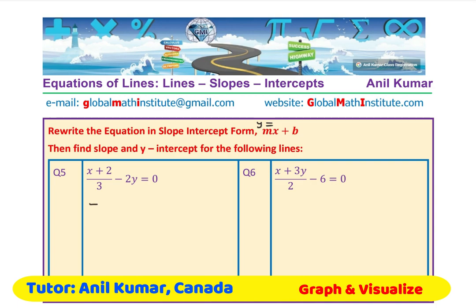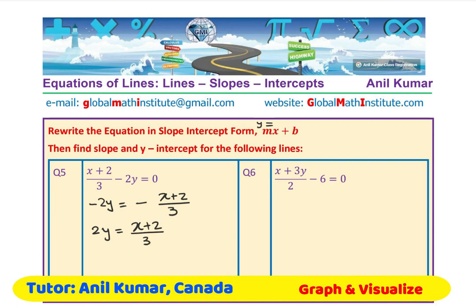So we are left with minus 2y and we'll take the other terms to the right-hand side. So minus x plus 2 over 3, right? Now we can multiply by negatives and so we get 2y equals x plus 2 over 3.